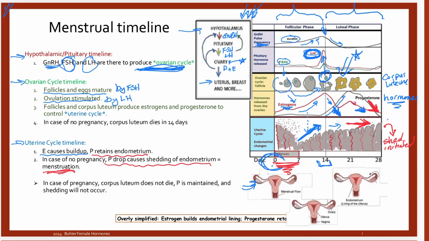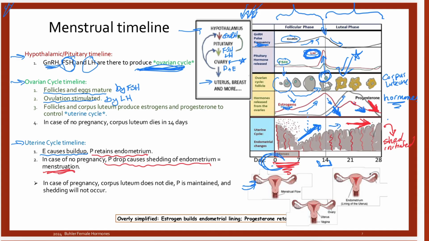But now we're going to have one more step because the estrogens and progesterone are going to do their thing. And so that final step that the estrogens are doing is causing the growth of the endometrium, and the progesterone is retaining the endometrium. The progesterone drop tells the endometrium to drop, which starts the first day of the menstrual period.